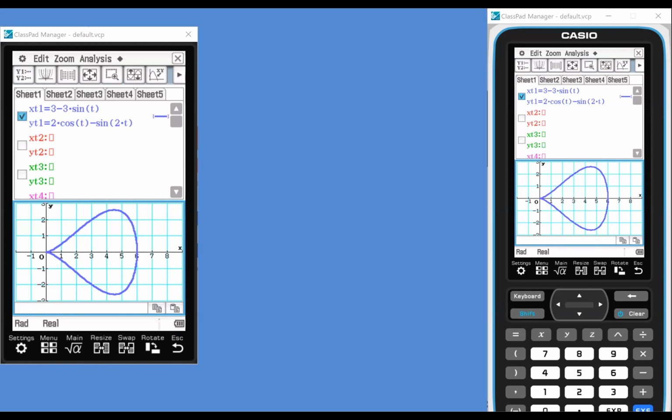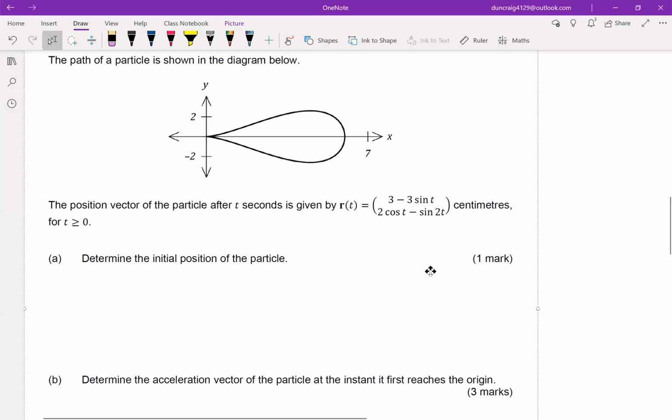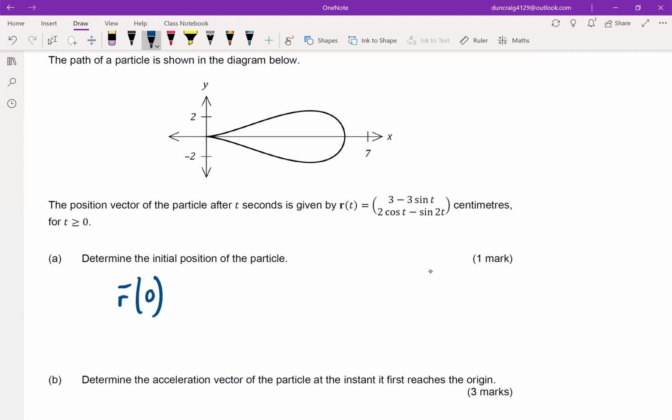Now I'm just going to go back to our question here. So you can graph it on your ClassPad. This is a calculate question. Determine the initial position. So that's when we basically just need to substitute in 0.